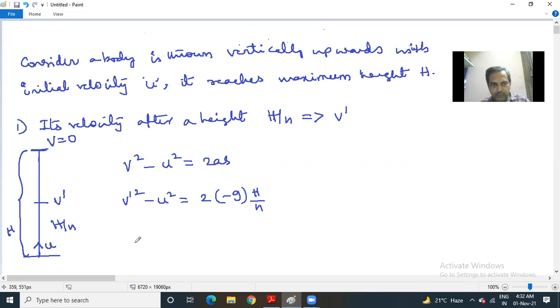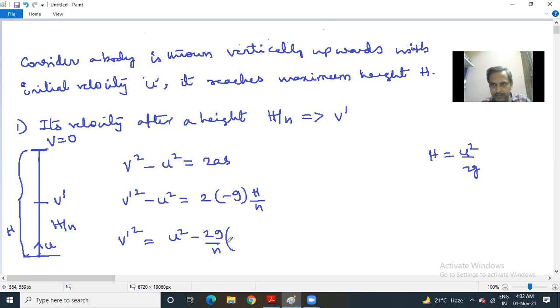Okay, so v dash square, you take u square to that side, minus 2g by n, H. But we know the maximum height, so let us represent it in terms of maximum height. You can write H is equal to u square by 2g.